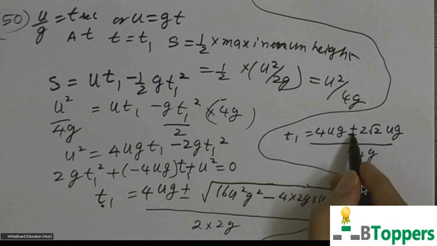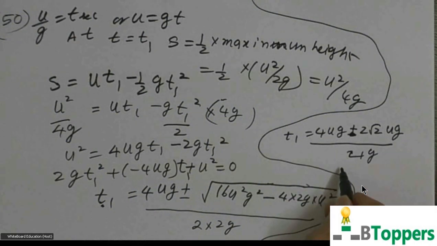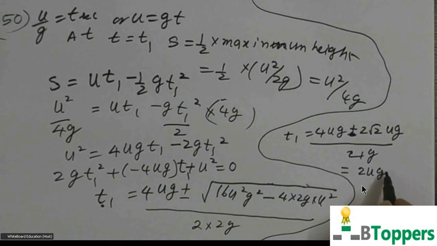We consider the larger value, that means only the plus sign. You can take 2ug common, and you get 2 plus root 2.